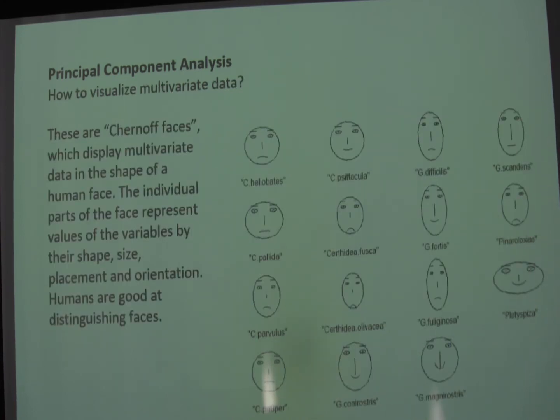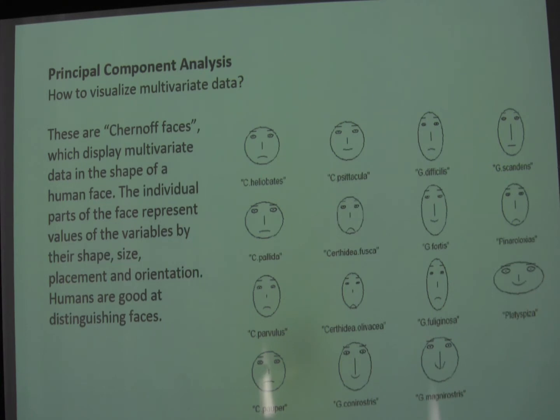And the problem of visualizing multivariate data has been addressed by a number of people. This guy Chernoff came up with this method, which is referred to as Chernoff faces, and you can do this in R. The idea is that we're incredibly good at detecting differences between faces. Like I can tell you all apart. And so why not, millions of years of evolution have made this possible.